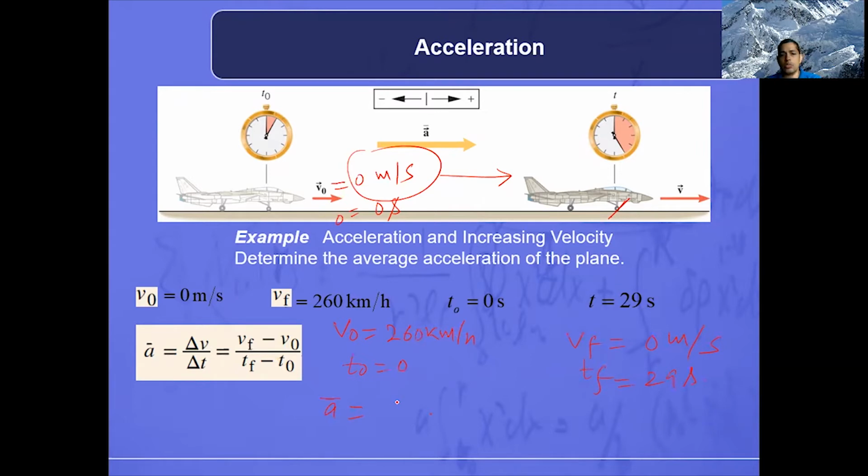Average acceleration is vf, which is 0, minus v0, which is 260, how much did you have before? You had 72.22, right? 72.22 divided by 29 minus 0, which happens to be minus 2.5 meter per second square. Okay, so in this case, your velocity goes on decreasing. That's why you got negative acceleration.